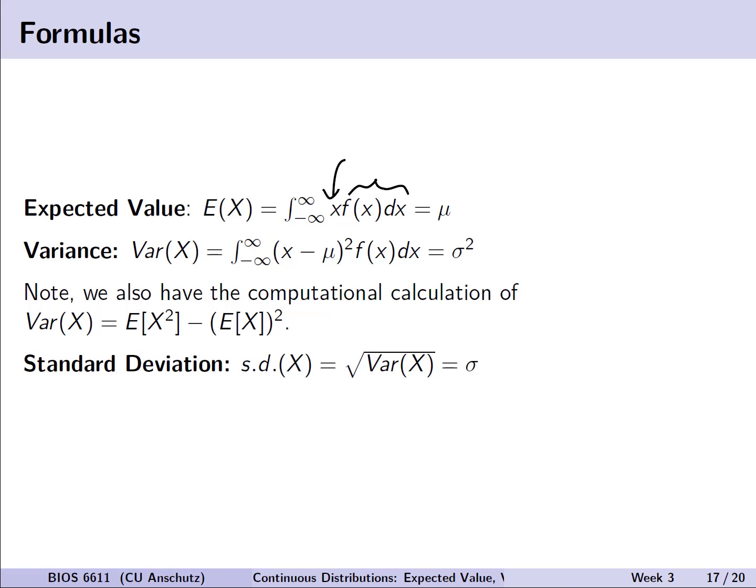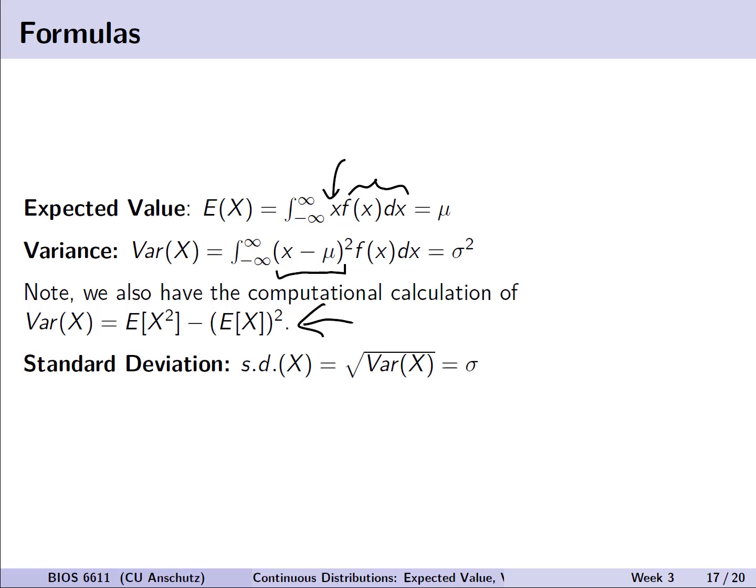The variance similarly will be our value x minus the expected value above, squared, times the PDF. However, it's oftentimes easier to use the computational calculation, where we calculate E of x squared minus the quantity E of x, which we then square. And just like before, the standard deviation is equal to the square root of the variance.